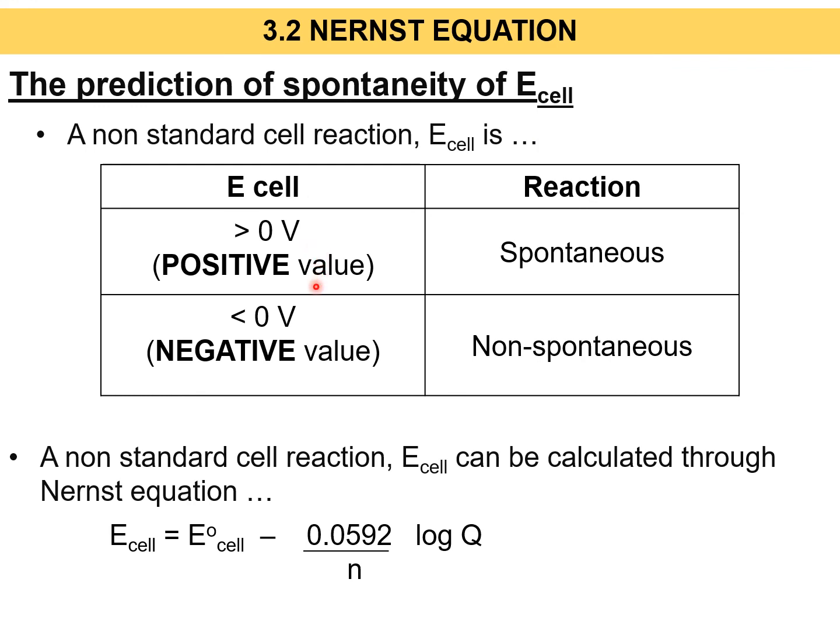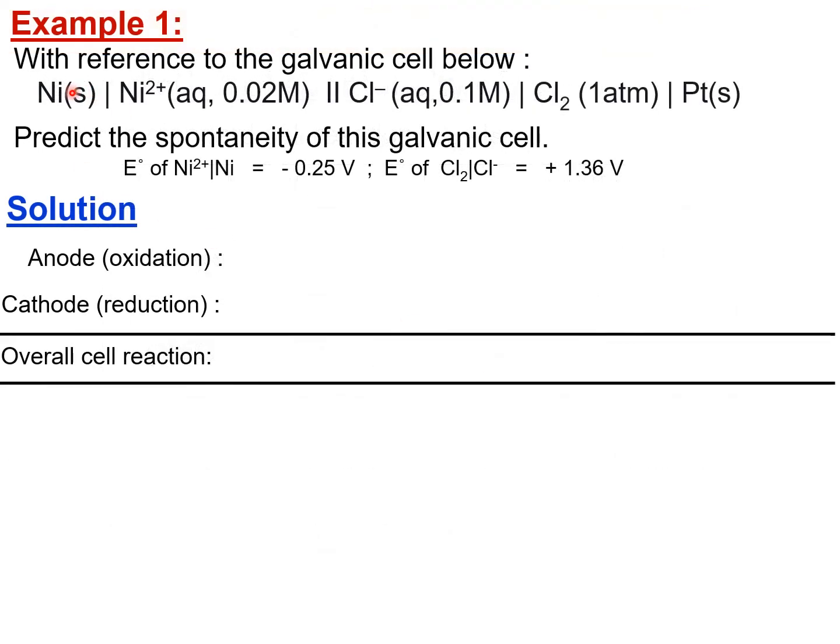If let's say you calculate Ecell and you get a positive value, therefore the reaction is spontaneous. If your Ecell value is negative, the reaction is non-spontaneous. So for example, if we have this kind of question, it asks you to refer to this cell notation and predict the spontaneity of this galvanic cell.